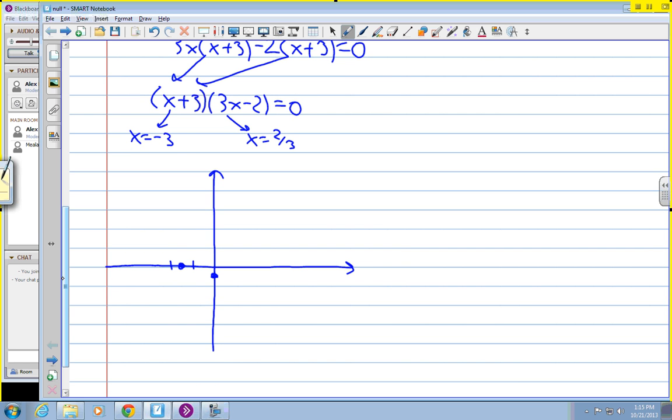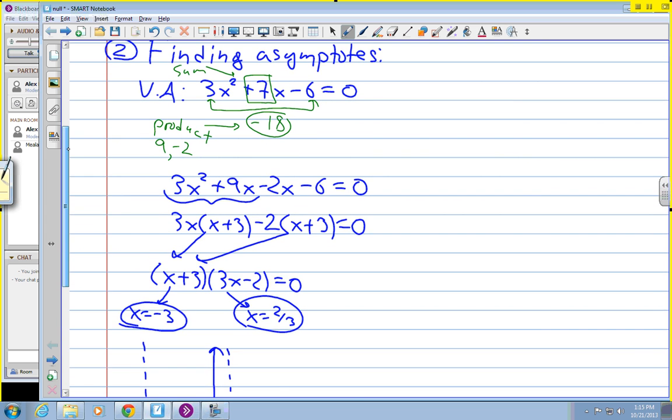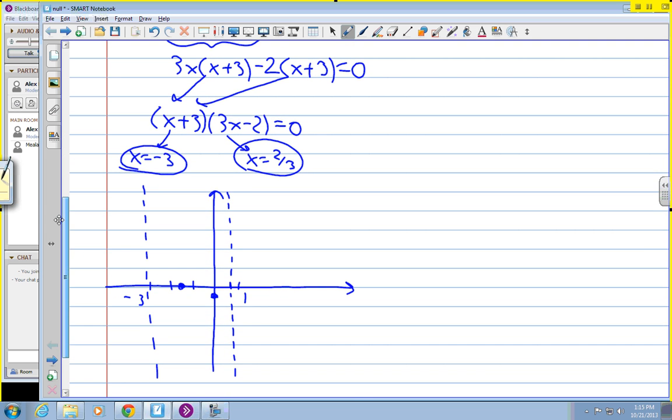So these will be the equations of our vertical asymptotes: we have a vertical asymptote at negative 3 and at 2/3. If this is 1, 2/3 is somewhere here. So these are our vertical asymptotes. Is that okay?